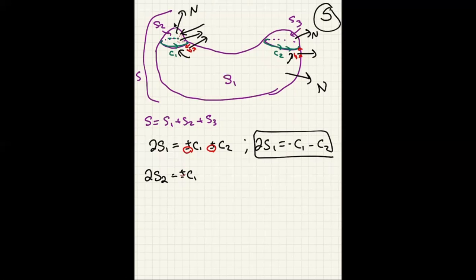And then finally, the boundary of S3 is also going to be positive C2. This is the information that we've gathered.